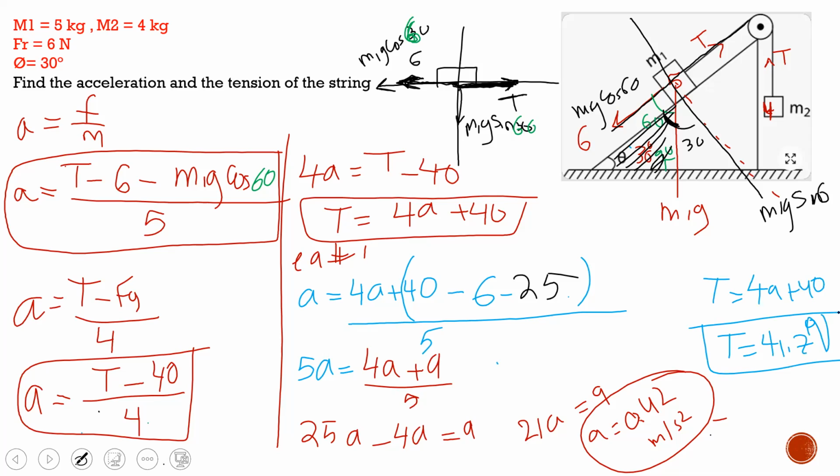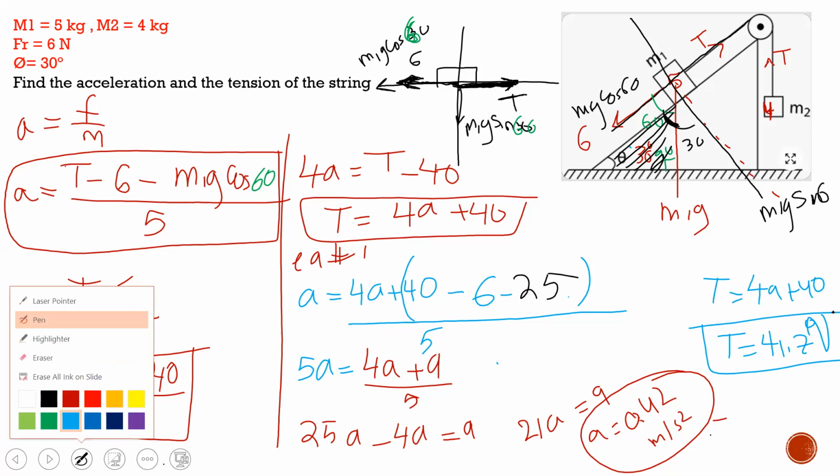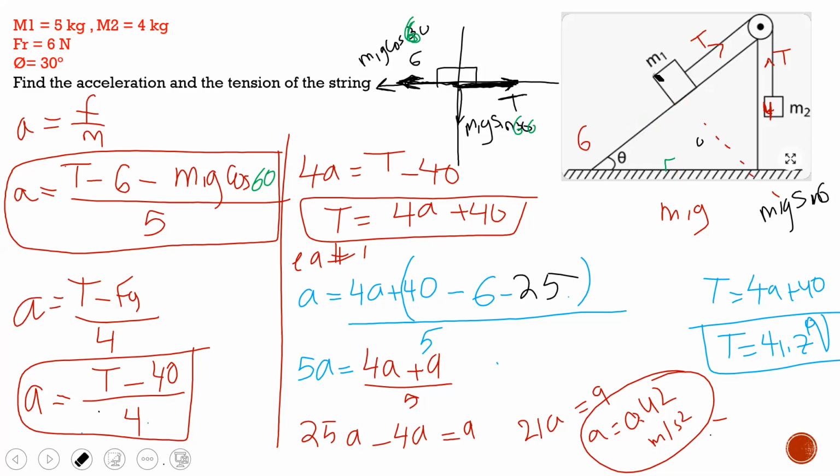So here we have masses on an inclined surface. It says it's angled by 30 degrees. So here the angle between M1G and the x-axis is 60. So I need now to write, as we did before, the acceleration equation for m sub 1 and m sub 2, for the tension and the acceleration.